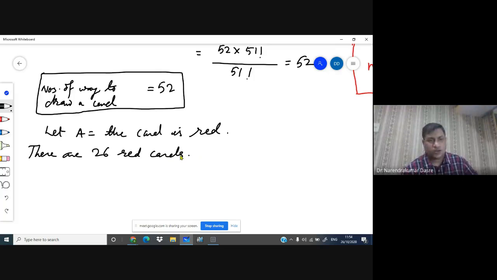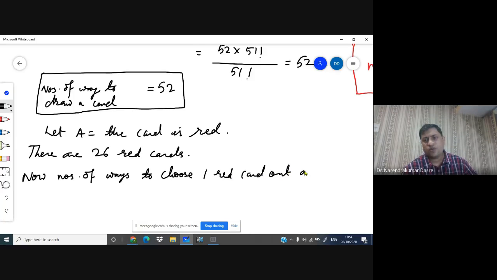The number of ways to choose one red card out of 26 is simply 26C1, and that is going to be 26.